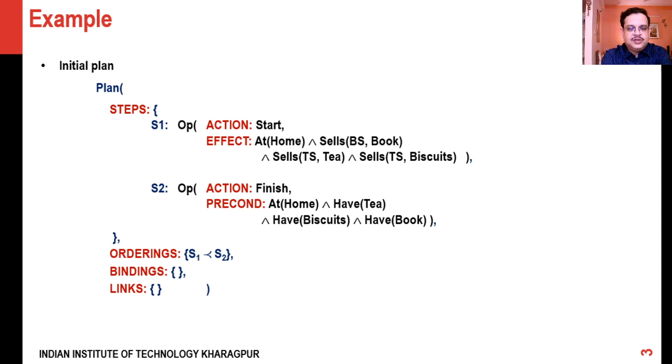The orderings tell us in what order these actions need to be executed, and again remember that the orderings may not define a total order, they may define a partial order. And we will have bindings, and we will have a fourth type of constraint which are called links. So let's see how each of these are added as the algorithm proceeds.